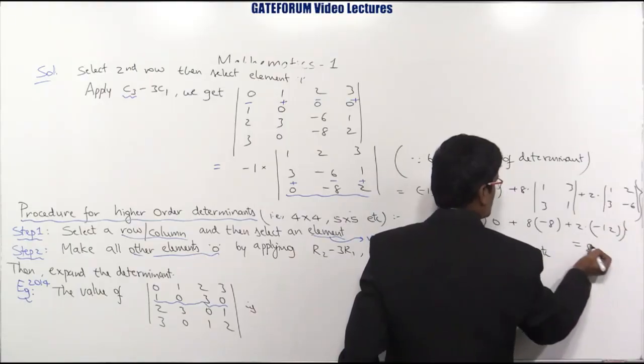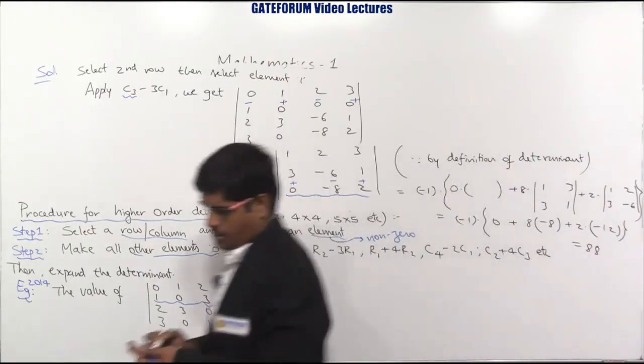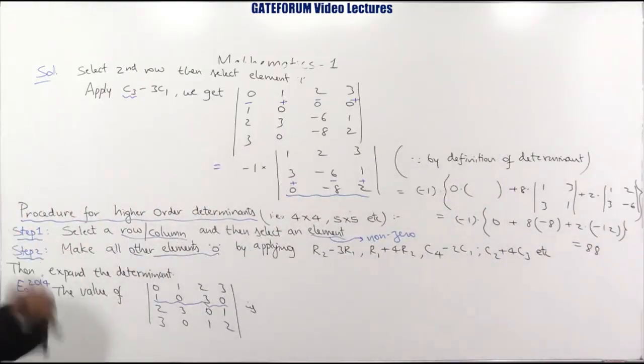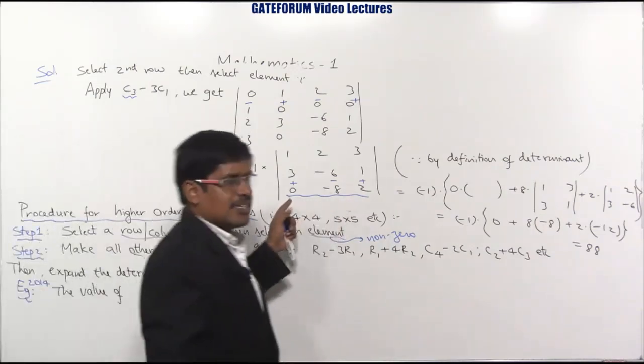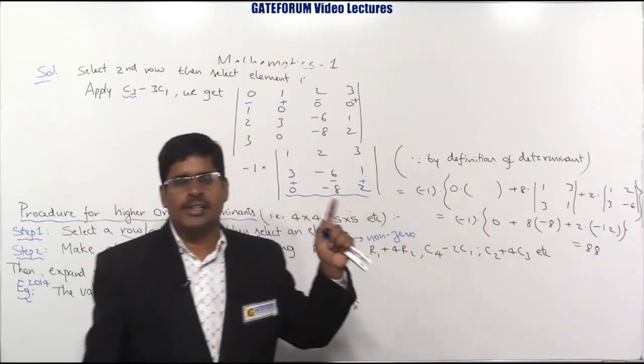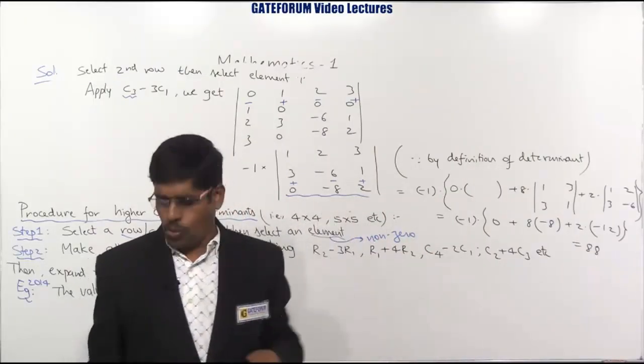So this simplifies to 88. The blue line indicates that I have expanded the determinant by that row.